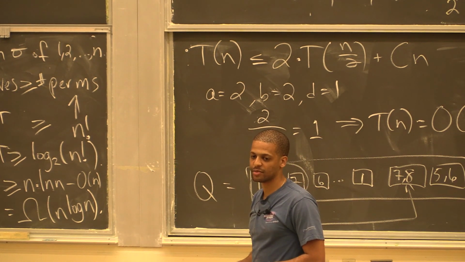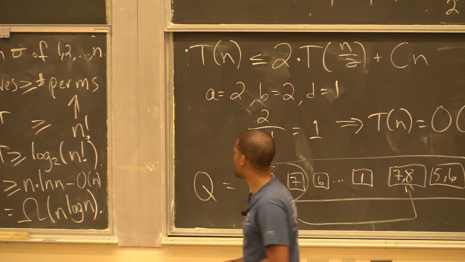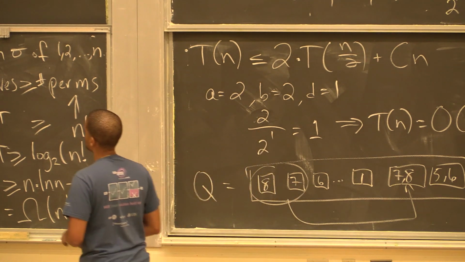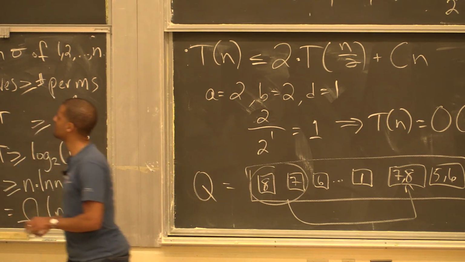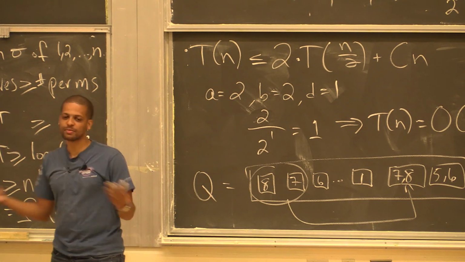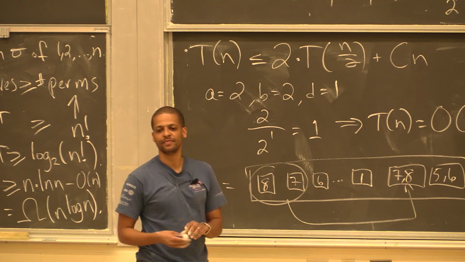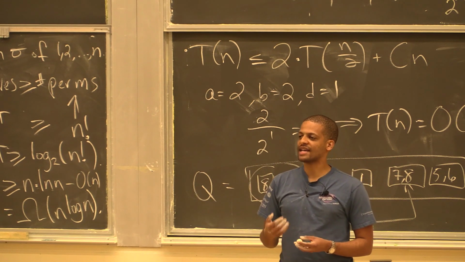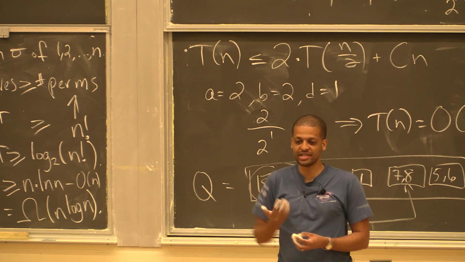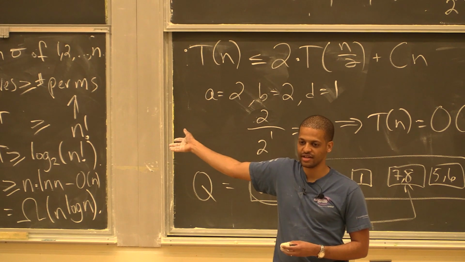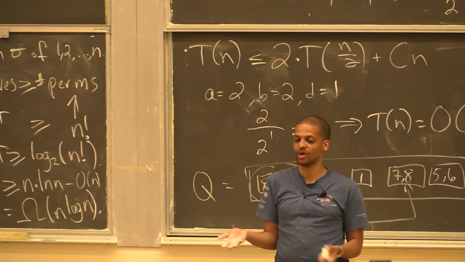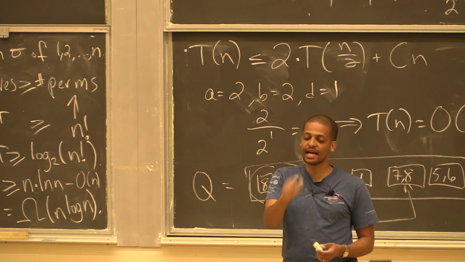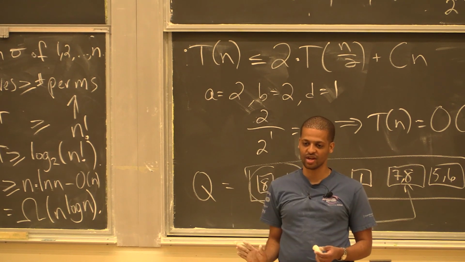Why are there more leaves than permutations? Oh, can there be more leaves than permutations? It could be. That's possible, for example, if your algorithm asks some redundant questions. I don't have any control over this algorithm. You gave me an algorithm that you said sorts, and I'm trying to prove to you that this algorithm, no matter what it was, takes at least n log n time.